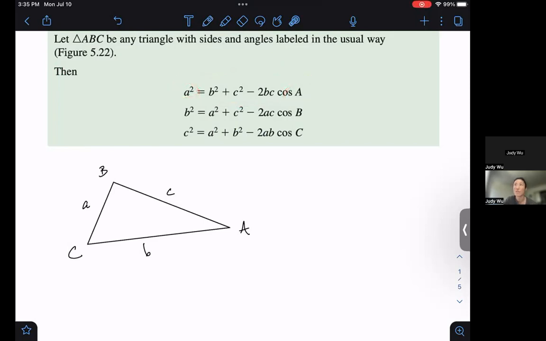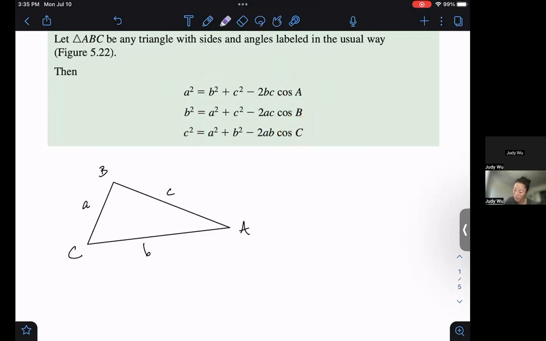Just like the law of sines had three ratios set equal to each other, we have three variations of this law of cosines. If we want little b or capital B, we can use the second equation. And if we want little c or capital C, we can use the third equation.